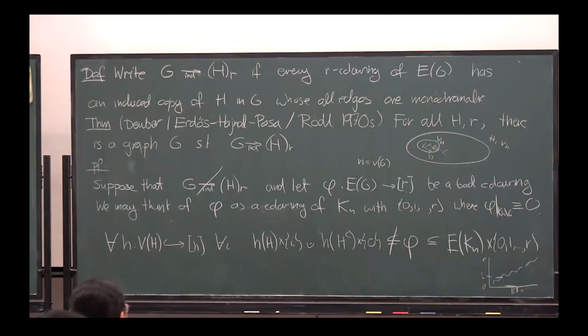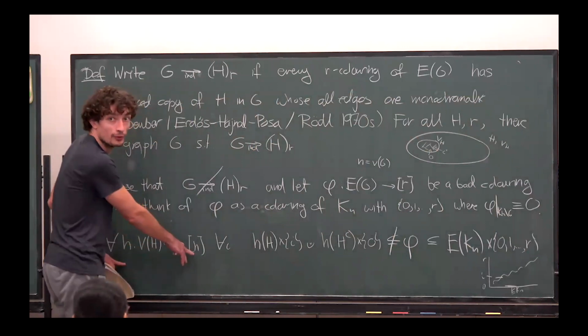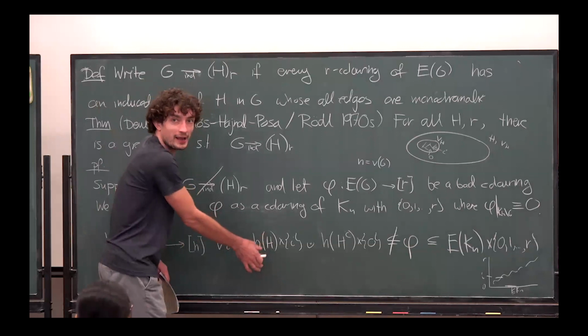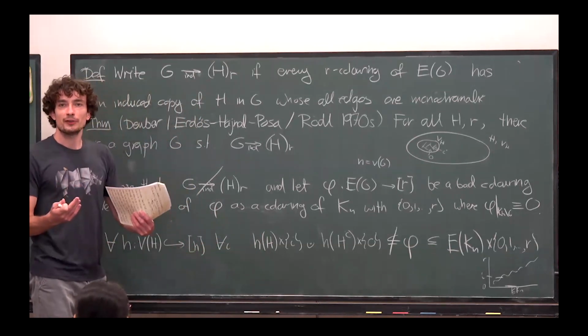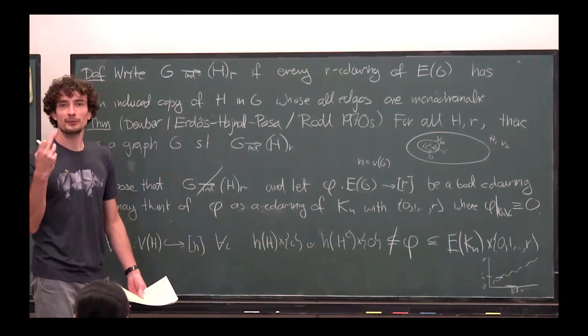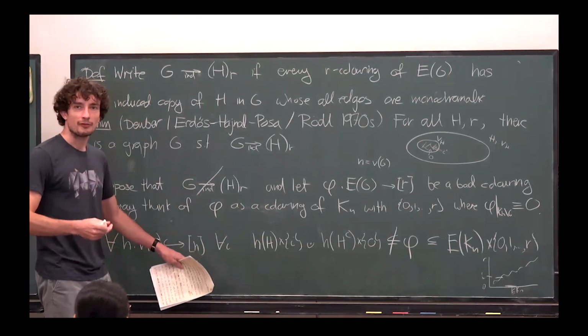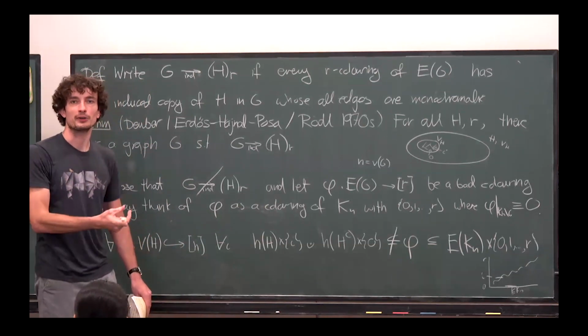So with this h, I map vertices to vertices. So this induces also a map on the edges, because if I take a pair of vertices, both vertices are mapped to some vertices of the complete graph. So the pair of vertices is mapped to a pair of vertices of the complete graph.